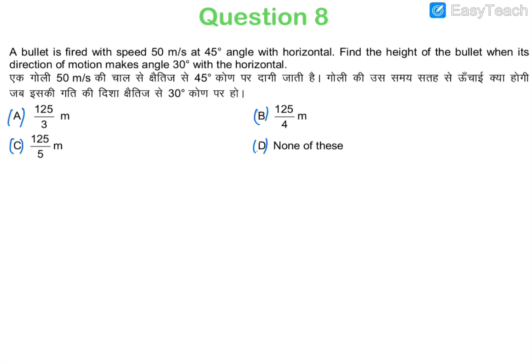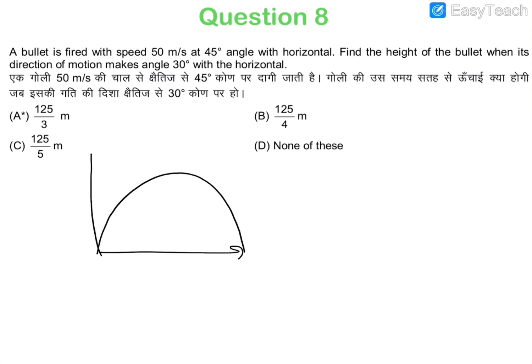In this question you can see that a bullet is fired with a speed of 50 meters per second at an angle of 45 degrees to the horizontal. We have to find out the height of the bullet when its direction of motion makes an angle of 30 degrees with the horizontal. So this is the situation: the bullet is fired with 50 meters per second, this is u, and this angle is 45 degrees, and at the time when its angle with the horizontal is 30 degrees, let's suppose its velocity is v.